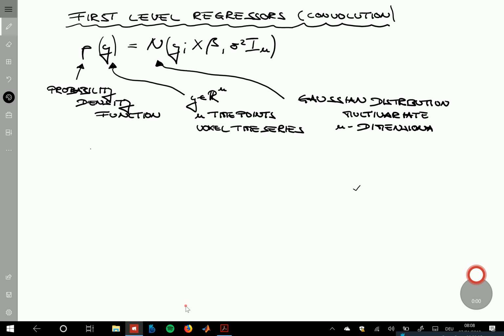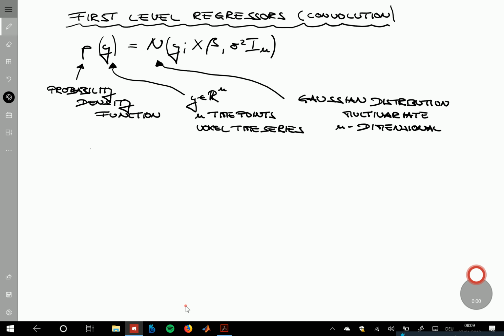And then this notation is just a short notation for the functional form that we looked at previously, that has the exponential and the dot product of the data minus the expectation in it, and so on. So this is the short form, but it shows all the main ingredients.